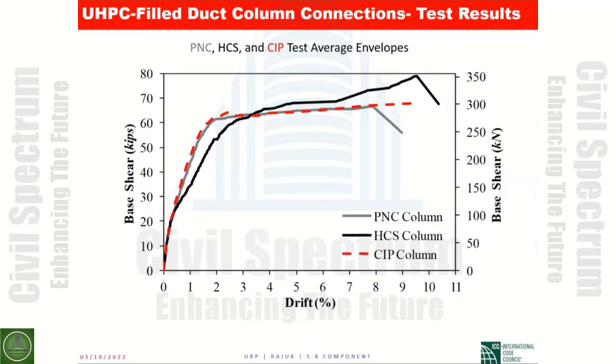And so that's a red curve. Now, if I look at the one that had conventional material, but it was a precast column connected to the footing with UHPC in grouted duct, the curve for that one is gray. So you notice practically we had the same kind of behavior in the gray curve and the red curve, the orange curve that you see here.